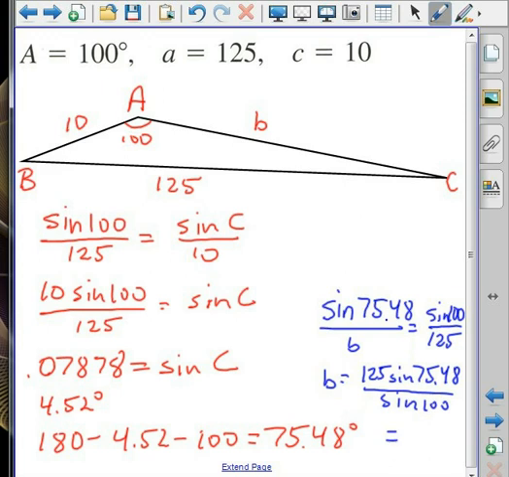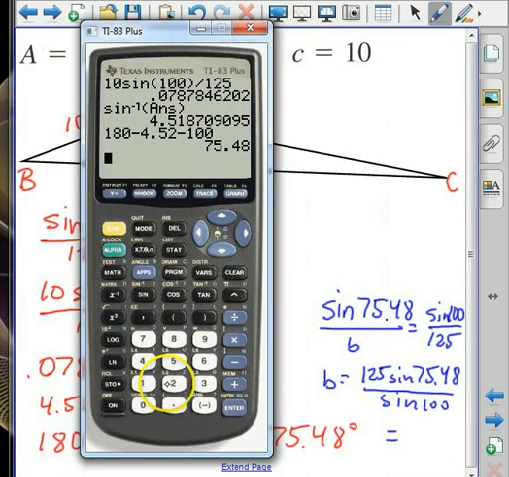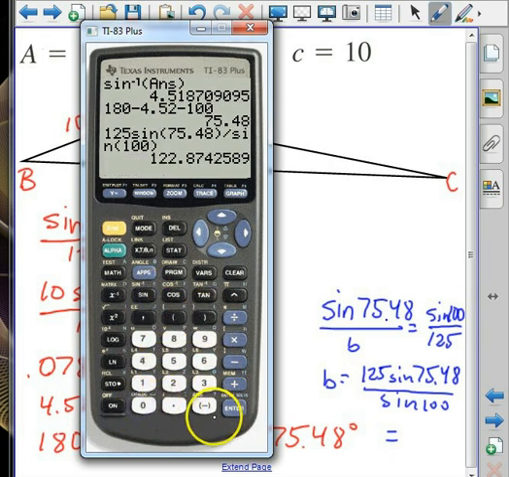And let's work that out. 125 times the sine 75.48 divided by the sine of 100, 122.9.